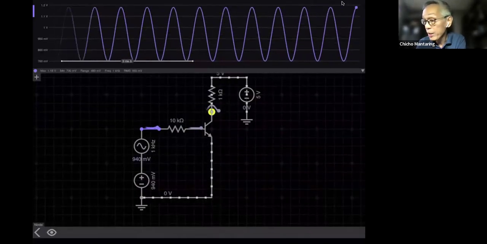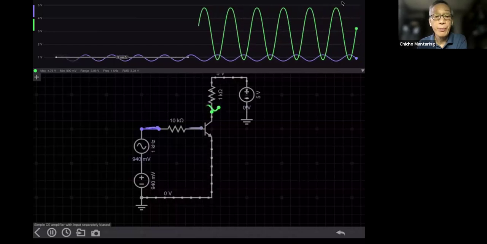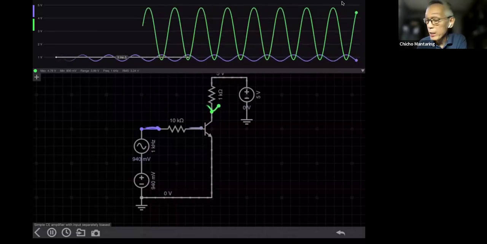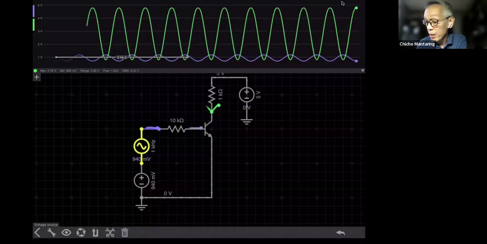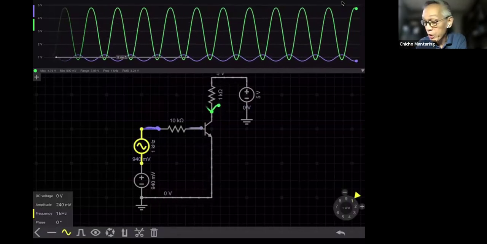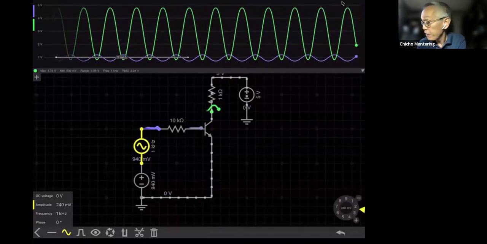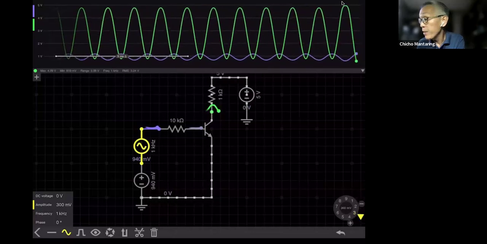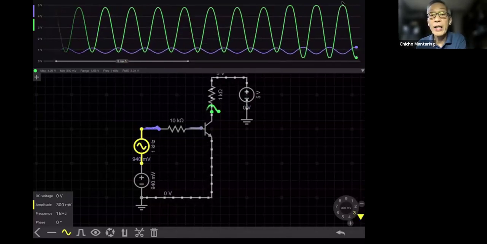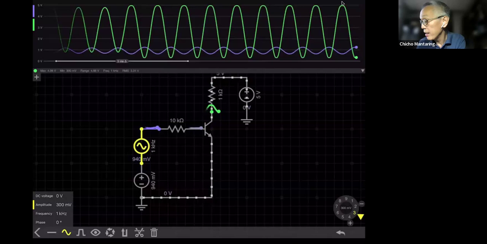What I told you was these amplifiers. If I take a look at this signal, you can see the amplification. So the first case that I gave you was, what if I made the peak-to-peak value of my input greater? Right now, it's 240 millivolts. If I make it, let's say, 300 millivolts, now you can see a little bit of distortion. The top and bottom parts are starting to flatten.